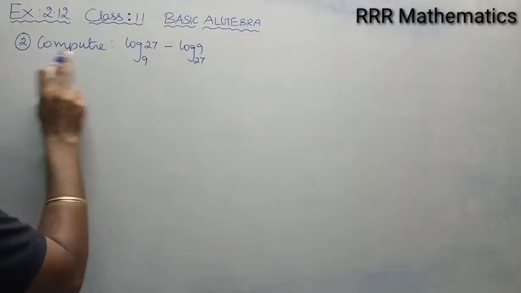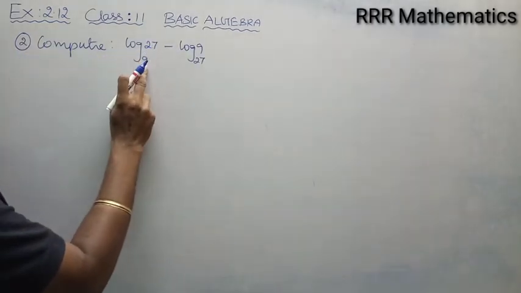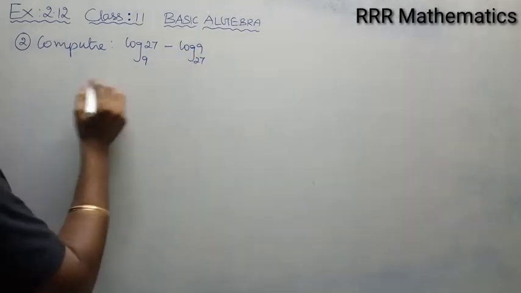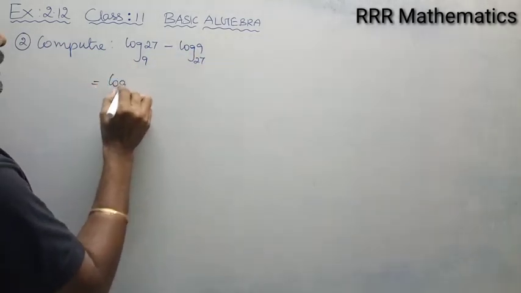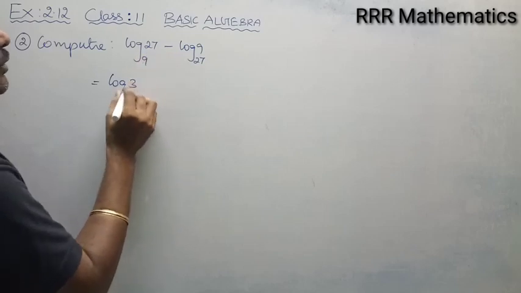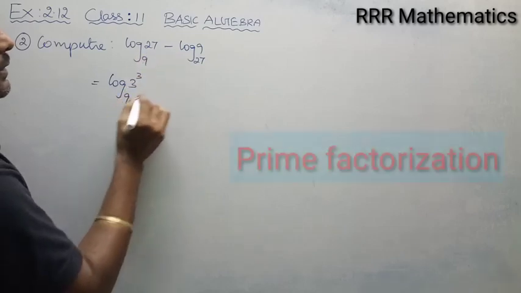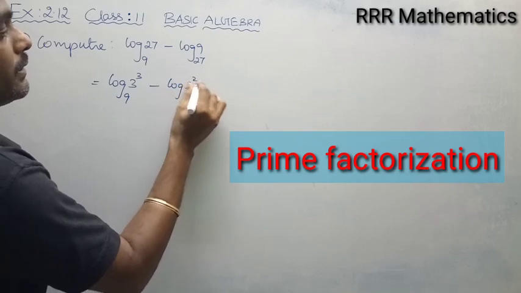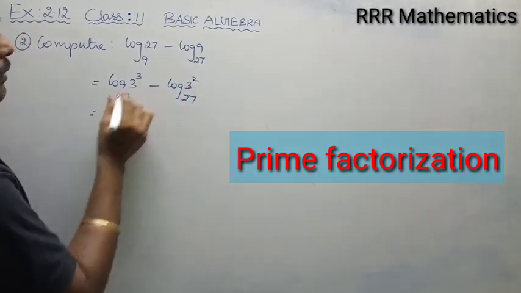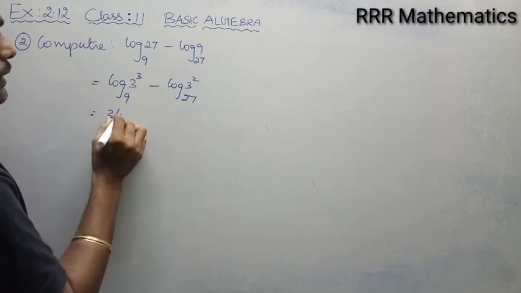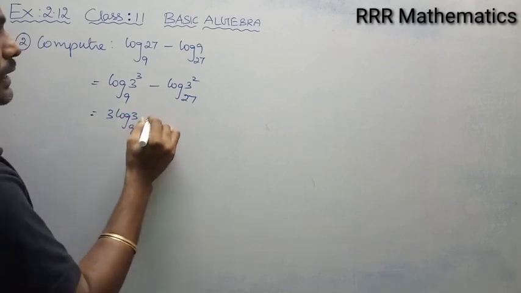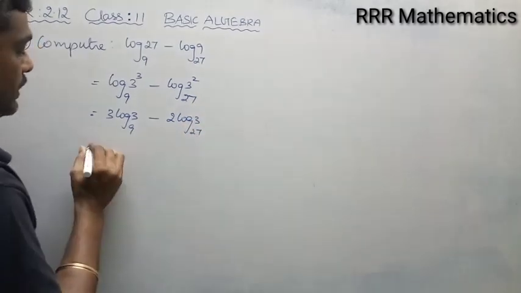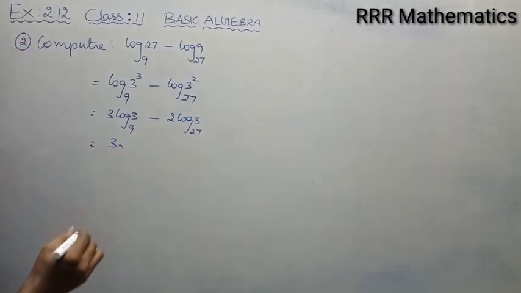Now question number 2. Compute log 27 base 9 minus log 9 base 27. I'll use the power rule. I can write 27 as 3 cube, 3 into 3 into 3, and 9 as 3 square, 3 into 3. Now using the power rule, this 3 will come to the front, base 9. Using the power rule, this 2 will come to the front, base 27. Now I will take a reciprocal.